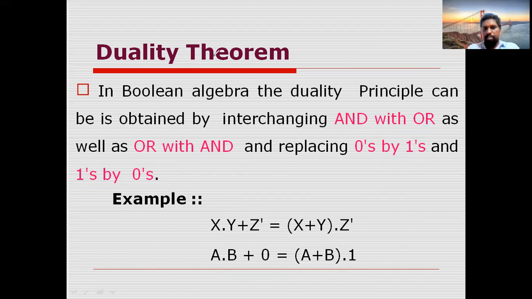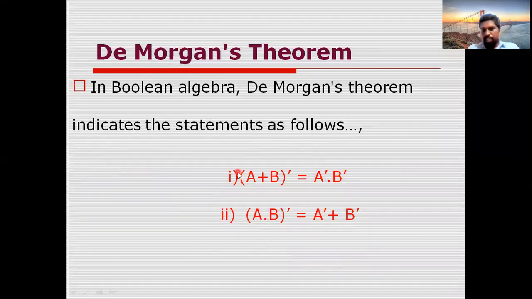Okay. Next, the important thing is De Morgan's theorem. De Morgan's theorem states that when you are separating the whole complement, see, A plus B whole bar is there, and if I want to break the complement separately, like A bar and B bar, then I should substitute the opposite operator here.